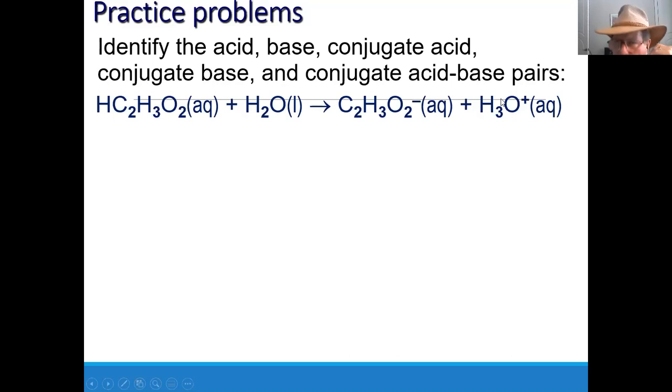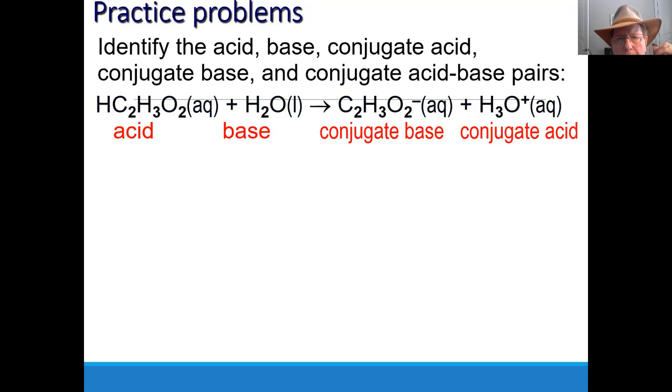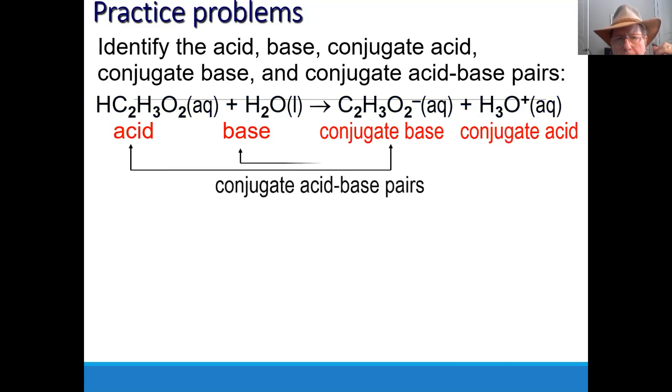Since the H3O plus is on the product side and it can donate a proton, it is the conjugate acid. It can be linked with the original base, the original thing that accepted the hydrogen to begin with. Do we understand that, ladies and gentlemen?